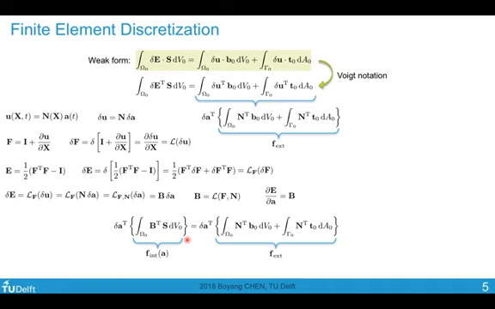We know that B is a linear function of F and N, and F is a function of u, and u is a function of A. So this means that B itself is a function of A. We also have our S, second Piola-Kirchhoff stress, being a function of our Green-Lagrange strain tensor through a constitutive law, and our Green-Lagrange strain tensor is obviously a function of our deformation, which is of course a function of our nodal degree of freedom. So this means that both B and S are a function of our nodal degree of freedom.